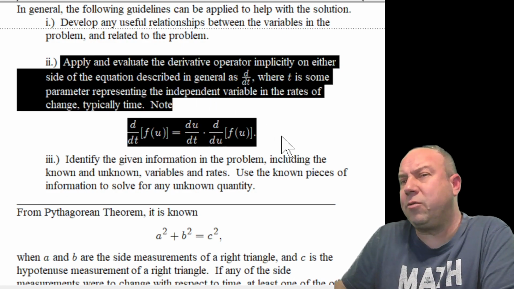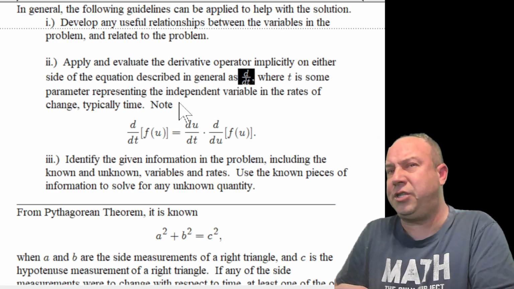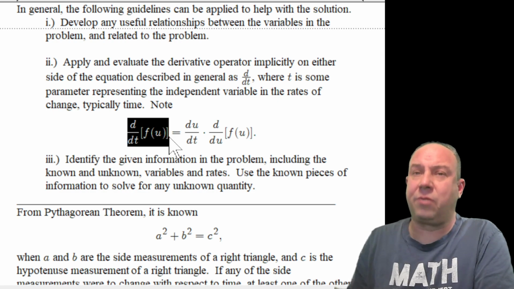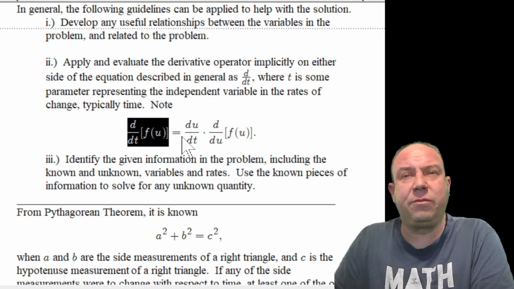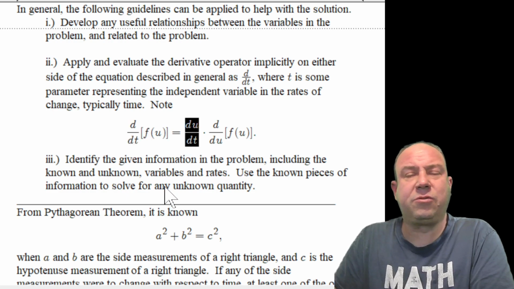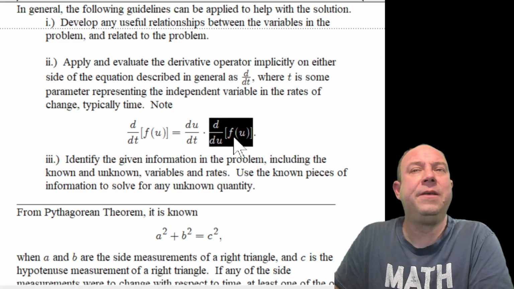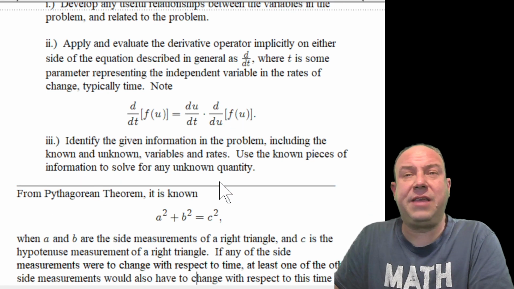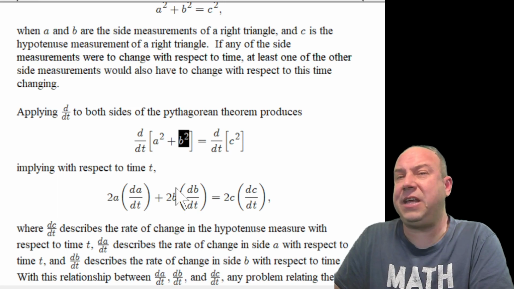We then applied the derivative operator with respect to our parameter t on either side of those relationships, where we followed this generic implicit derivative rule, this derivative for this implicit function, where this was equal to du/dt times the derivative of our function of u with respect to u. We did that with each of the terms here on the left-hand side and with this term here on the right-hand side.